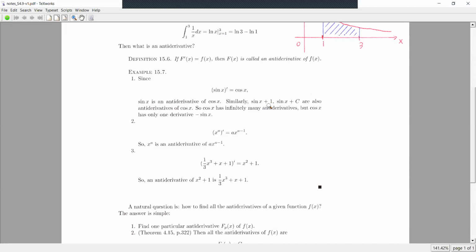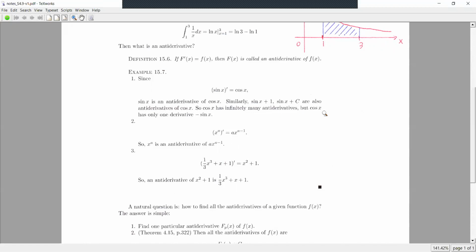More generally, sine plus c, where c is an arbitrary number. The derivative of sine plus c is cosine. So sine plus c is an antiderivative of cosine. So cosine, this function, has infinitely many antiderivatives.